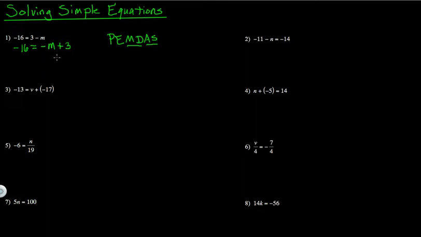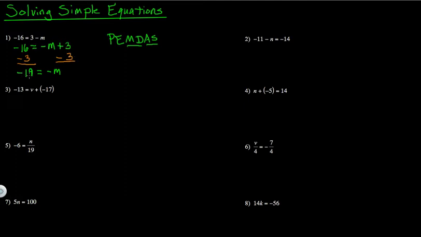And I'll do that vertically. So I'm going to subtract 3 on this side, and then I will subtract 3 on the other side as well. So that leaves me with negative 19 on the left is equal to negative m on the right. So we have applied subtraction in order to neutralize this addition of 3, because we know that 3 minus 3 is 0, so that goes away.